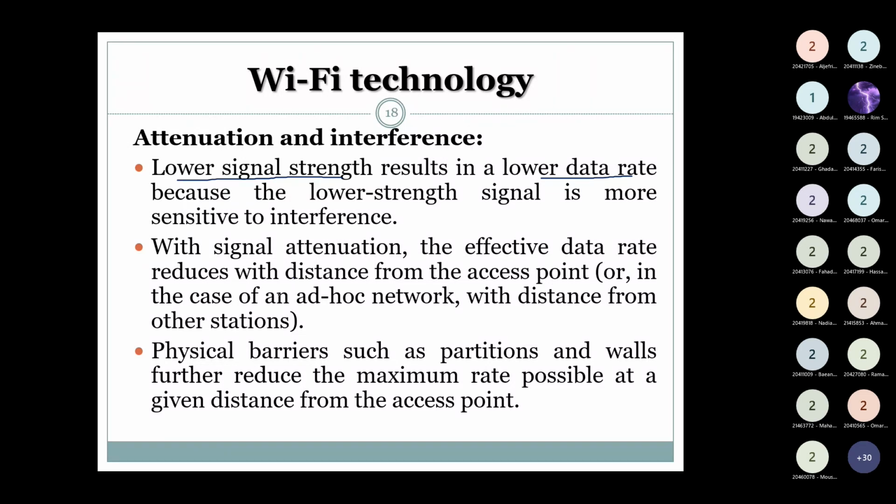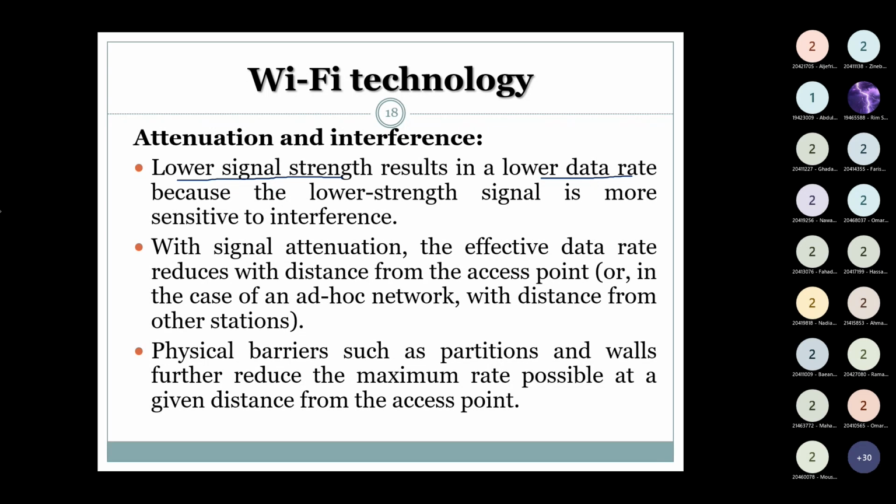The case of an ad hoc network is similar, with distance from other stations. As you are far from the station, the communication will be poor and difficult, and the data rate and the whole connection will be poor. Physical barriers also, such as partitions and walls, further reduce the maximum rate possible at a given distance from the access point.